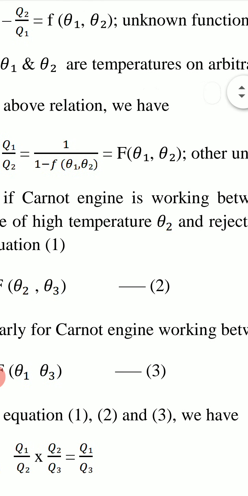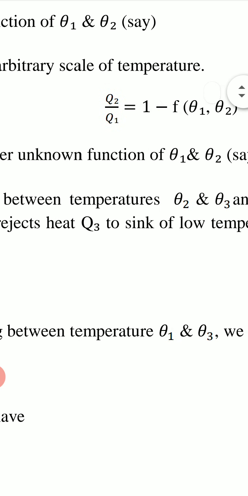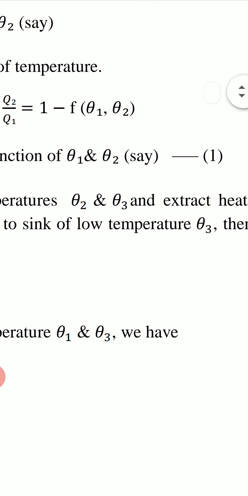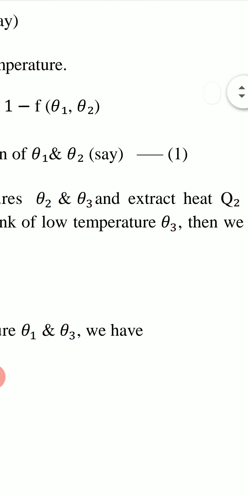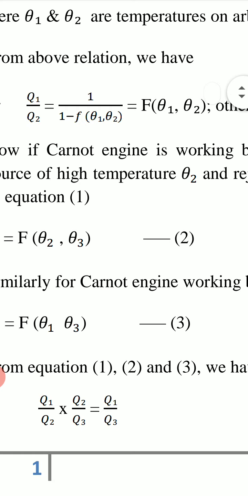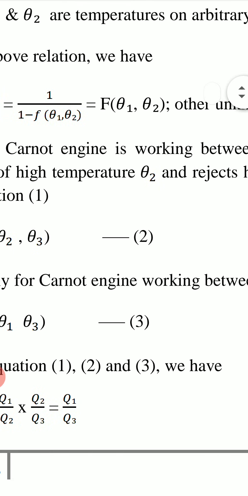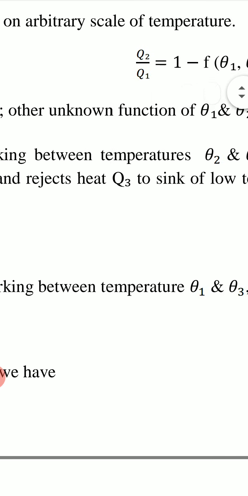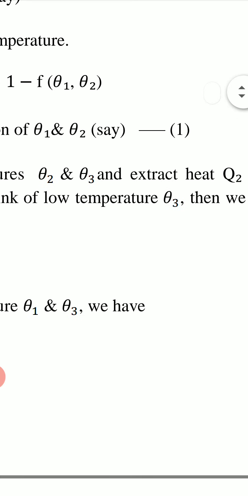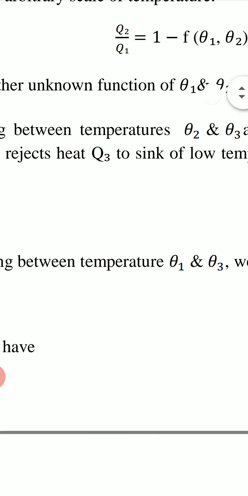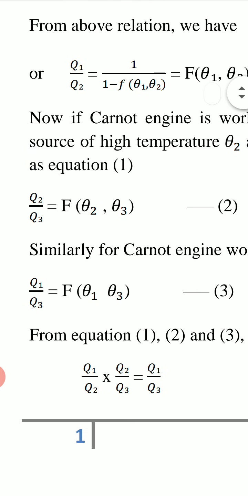Now if Carnot engine is working between temperatures θ2 and θ3 and extracts heat Q2 from source of high temperature θ2 and rejects heat Q3 to sink of low temperature θ3, then we can write Q2 upon Q3 equal to F(θ2, θ3).